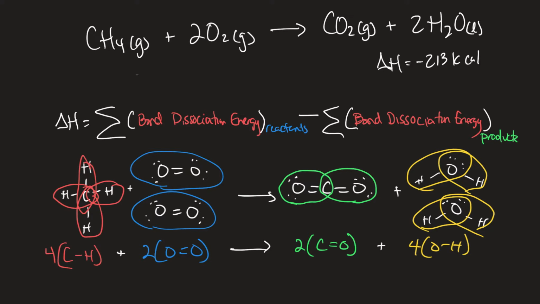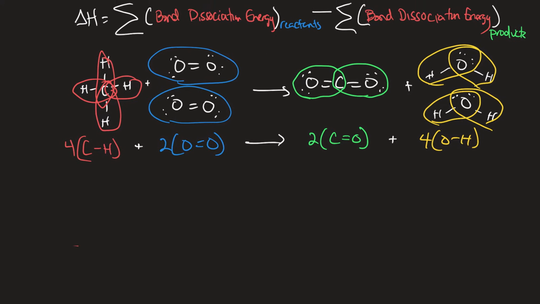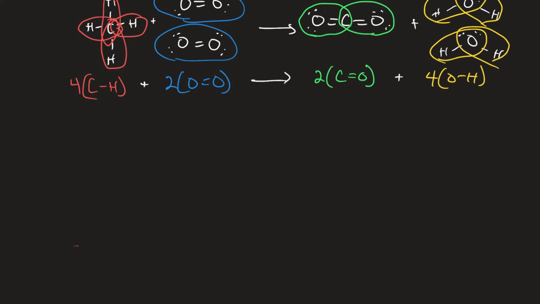Now essentially what you're going to do is look at the bond dissociation energy charts like I showed you earlier, in a previous video, and gather the values from there. For example, on the reactant side, it takes about 99 kilocalories per mole of energy for each CH bond.